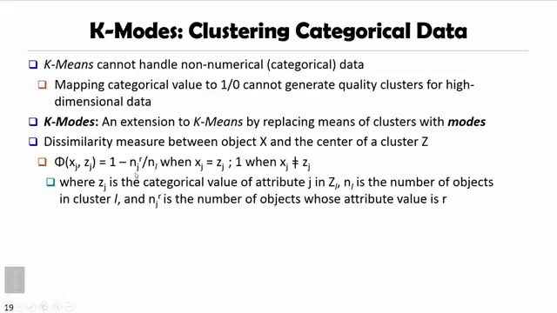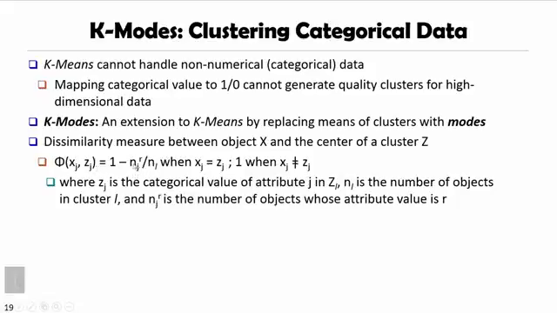This formula means if many objects occur the same in this cluster, then this value will be very small. For example, if for the attribute in the cluster there's only one value, but it's very frequent, and this object equals this value, then this division will lead to 1, and the distance is the smallest.